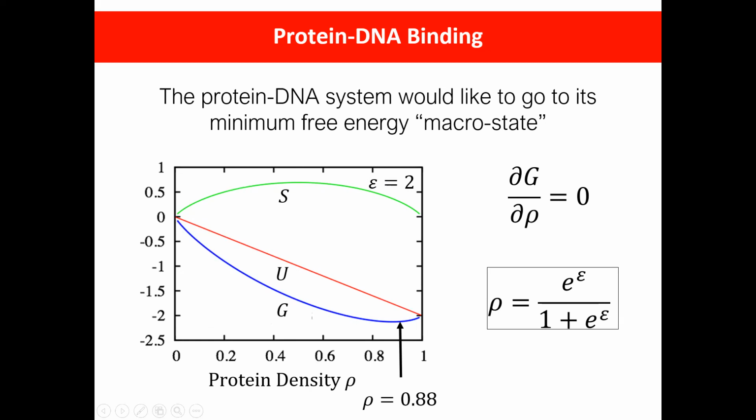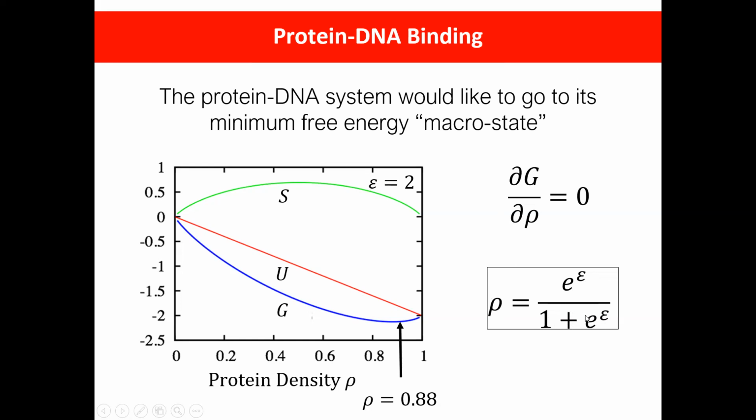Okay. However, if the value of epsilon is 0, that means there is no energy cost involved in the binding of the protein to the DNA. It can happen spontaneously. If this process is spontaneous, the value of rho that will minimize the free energy will be, e to the power 0 over 1 plus e to the power 0, and then rho is equal to half.